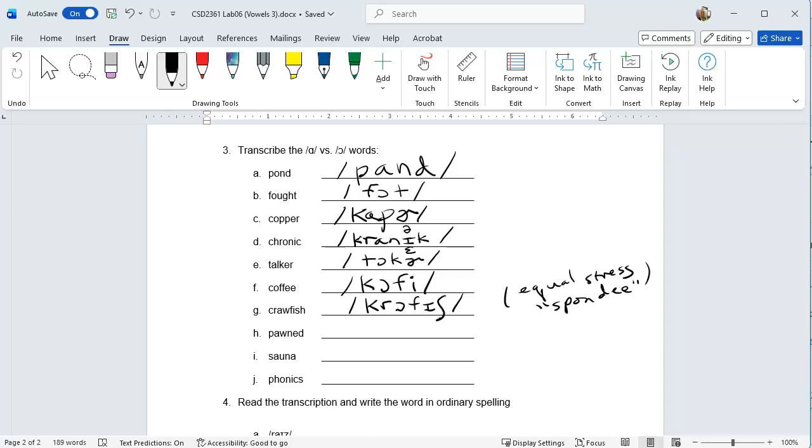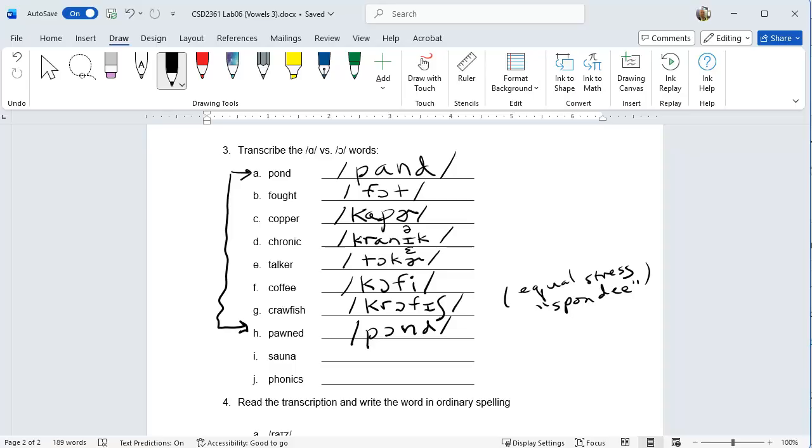All right, next up we've got pawn, which has the aw vowel in it, and is actually a minimal pair, just one sound difference with the first example up here, pond. So, a case where I have two different sounding words with an aw contrast being the only difference between them.